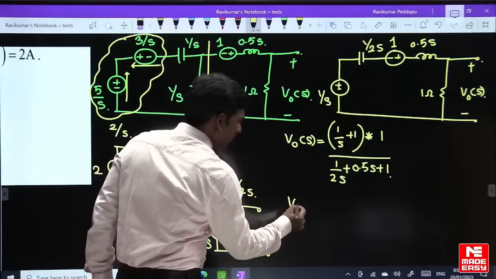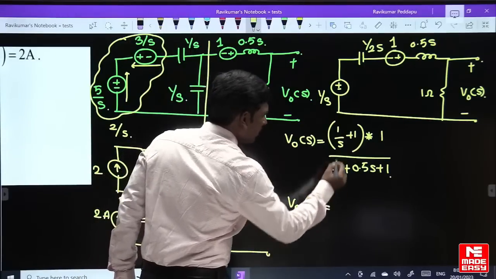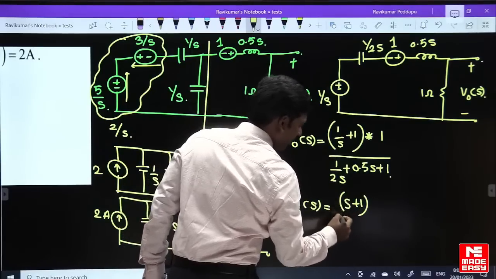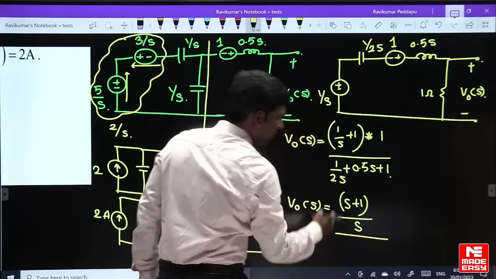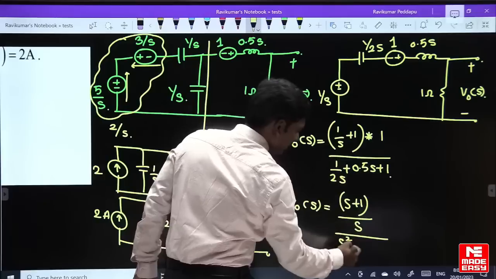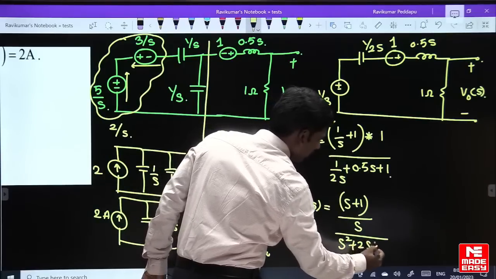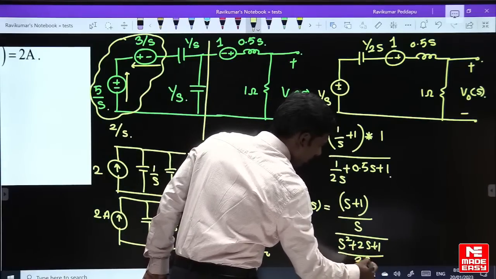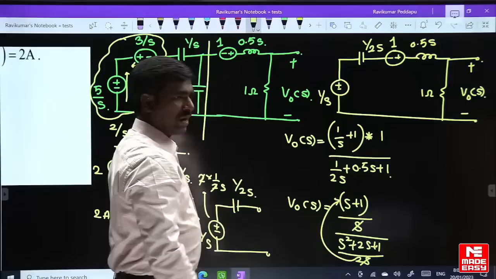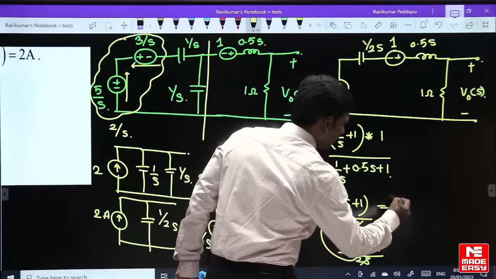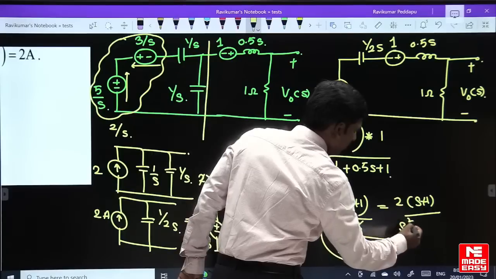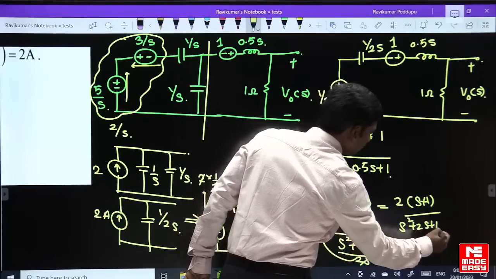So V output of S is equal to S plus 1 by S upon 2S into 0.5 S square 2S plus 1 by 2S. S's get cancelled. 2 is going to the numerator. This value is 2 into S plus 1 by S square plus 2S plus 1.